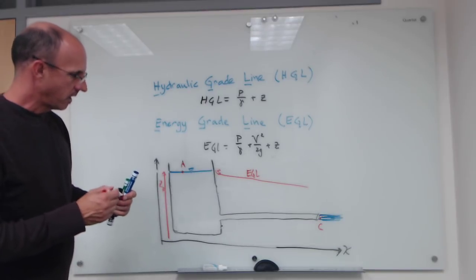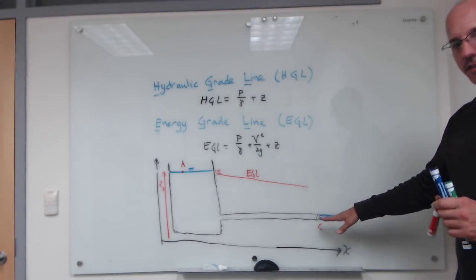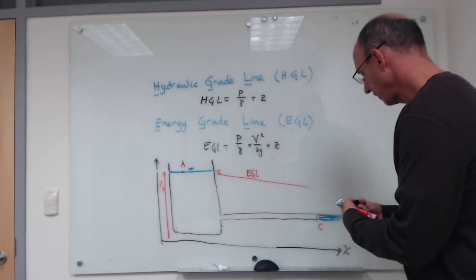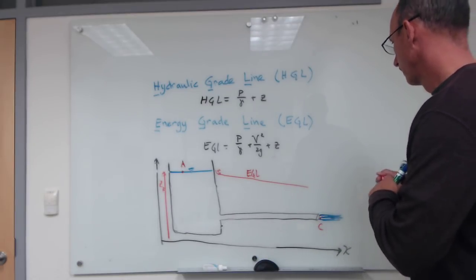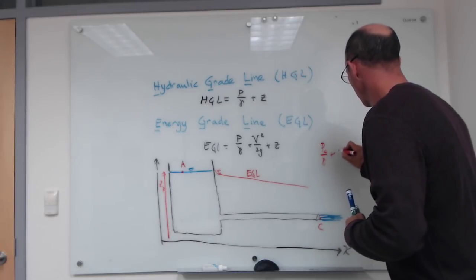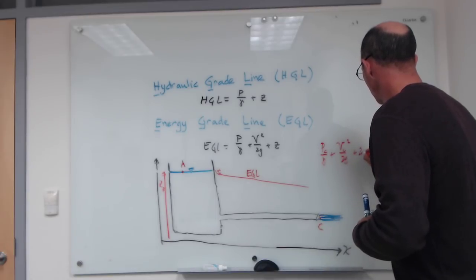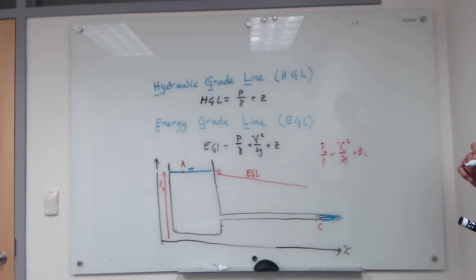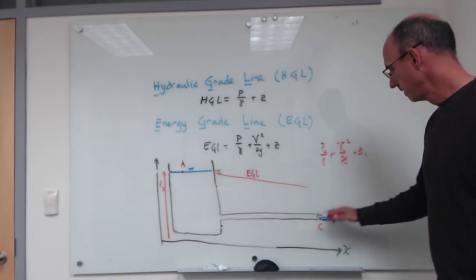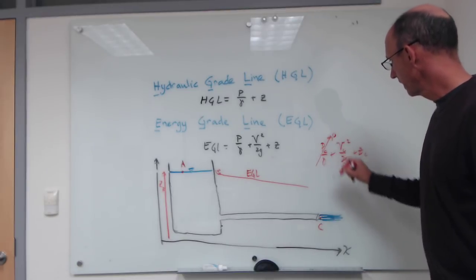So now we need to draw the hydraulic grade line. And to do that, it's helpful to start down at the other end and note that here at point C, we have some pressure, PC over gamma, plus Vc squared over 2g plus the elevation at C. And since this jet of fluid is exposed to the atmosphere, the pressure here is just atmospheric pressure, so that goes away.